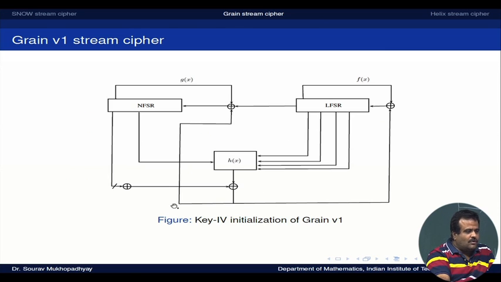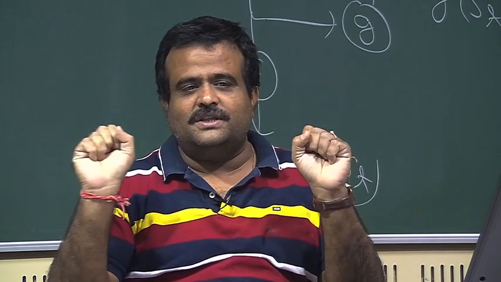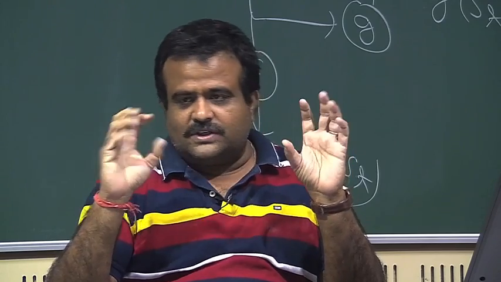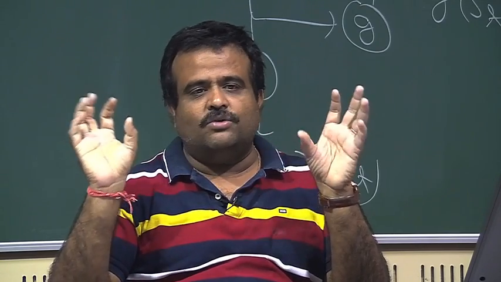So now we have to talk about the initialization phase. Because we know in every stream cipher we have this finite state machine, and we have Alice and Bob sharing the secret key along with the IV.